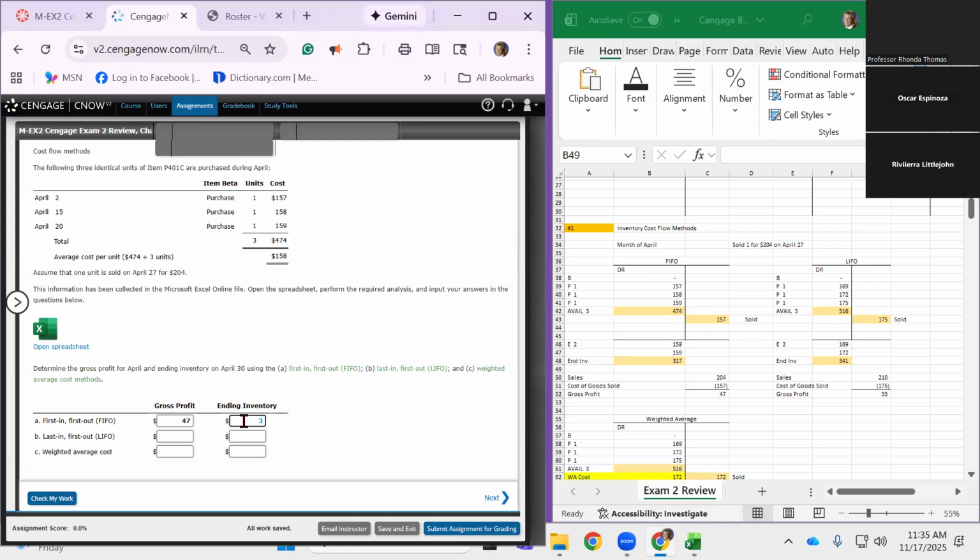which would be 317. But the nice thing about this is, I always recommend you calculate an available amount, and they've even got it right up here.